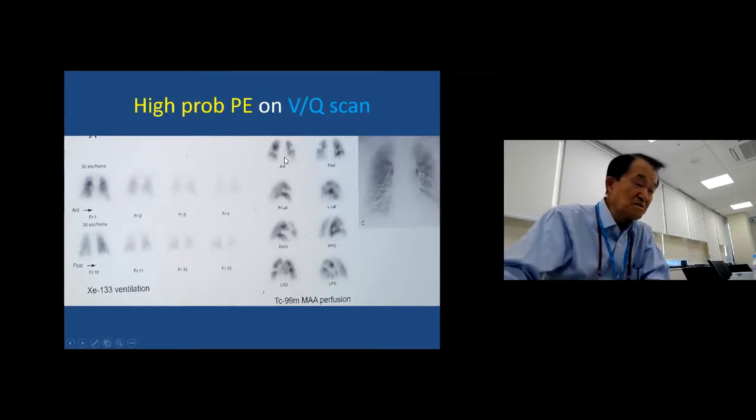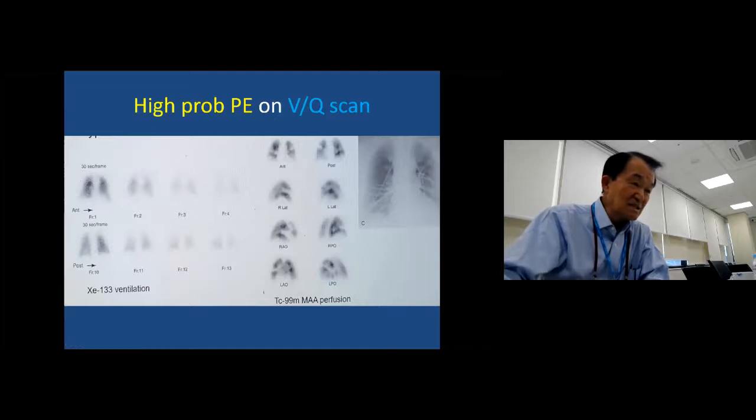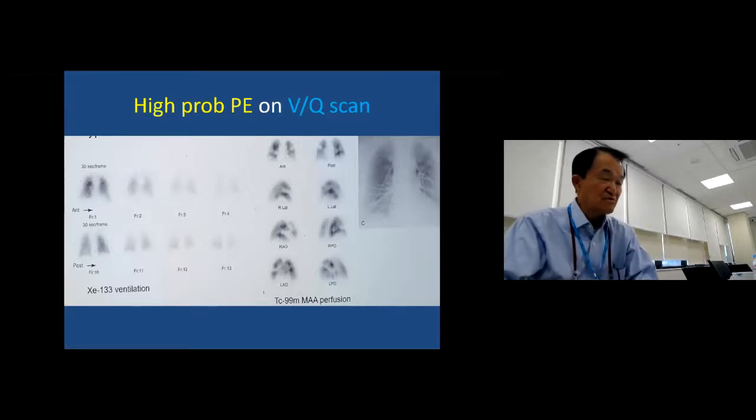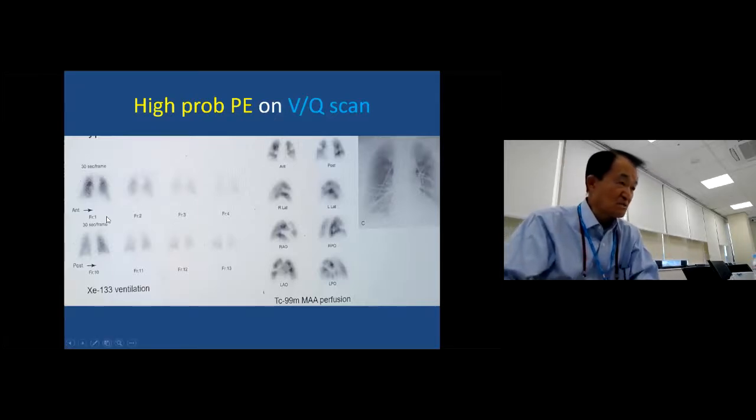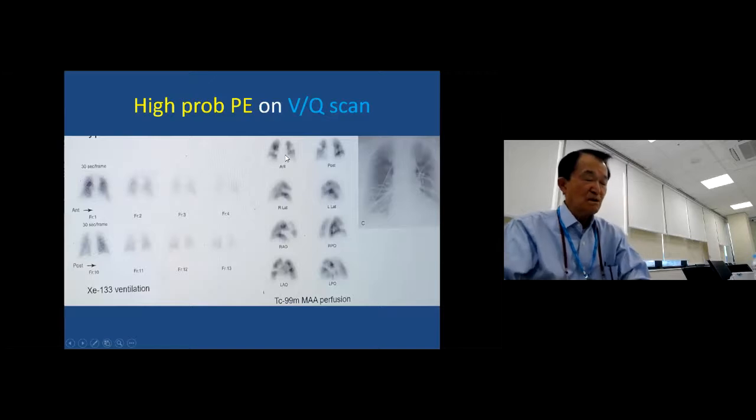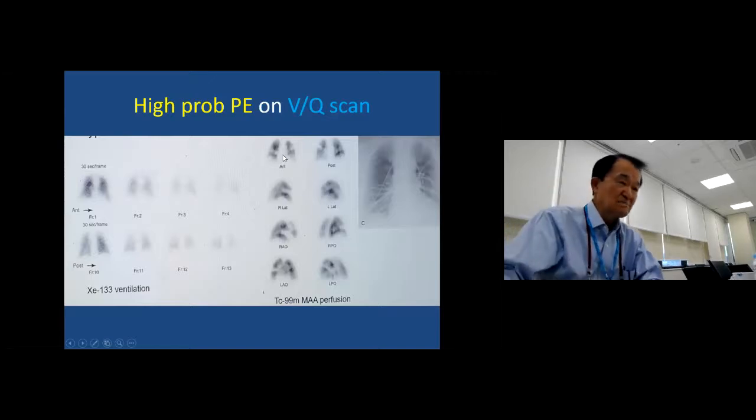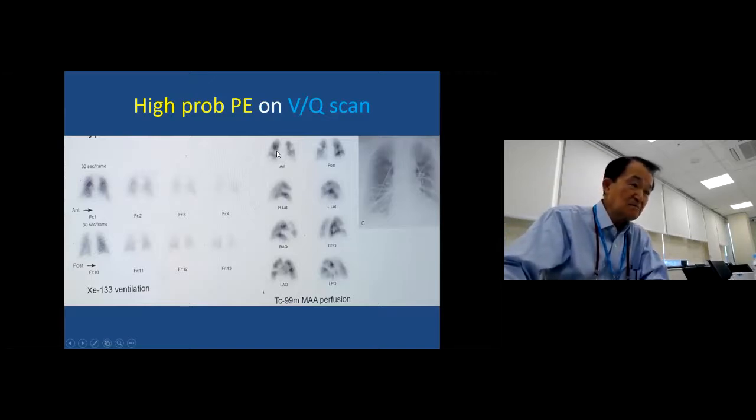So always think about intrinsic as well as extrinsic compression of a pulmonary arterial segment. Particularly in patients with cancer, lung cancer as well as metastasis, it can obstruct a pulmonary arterial segment extrinsically.